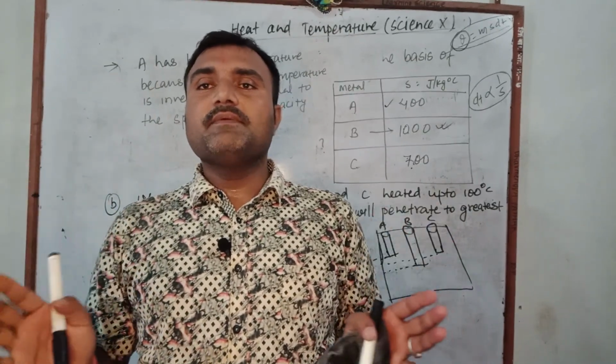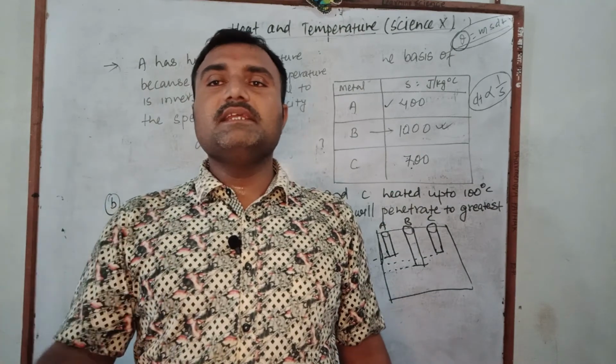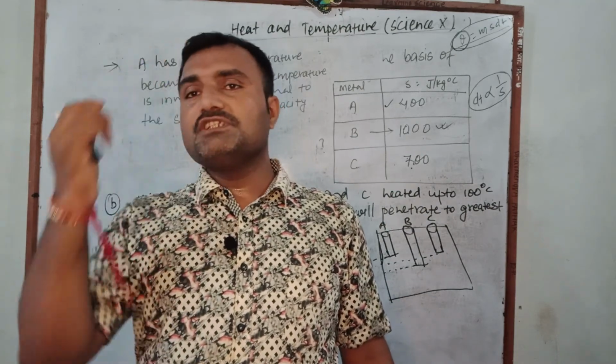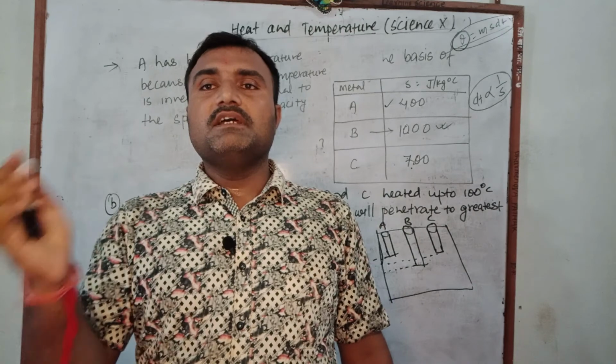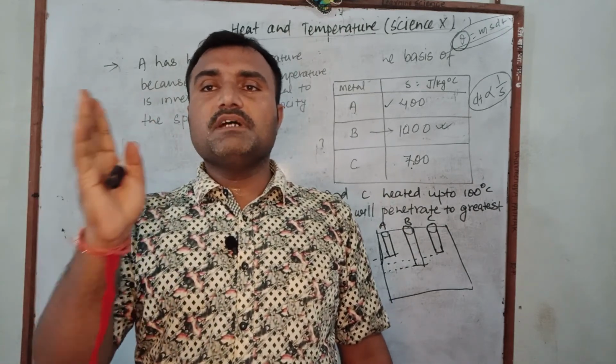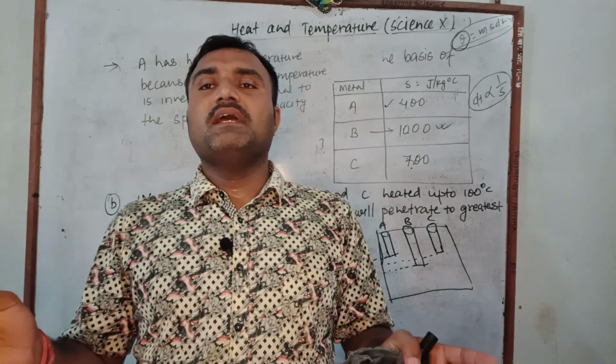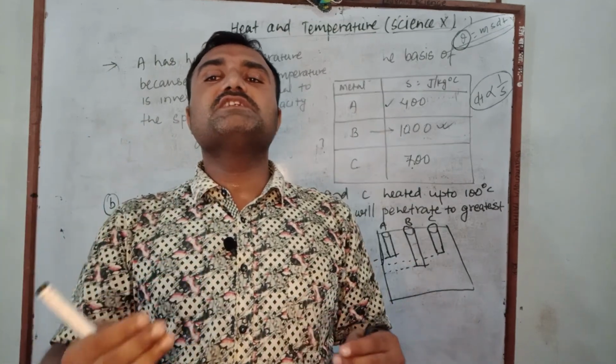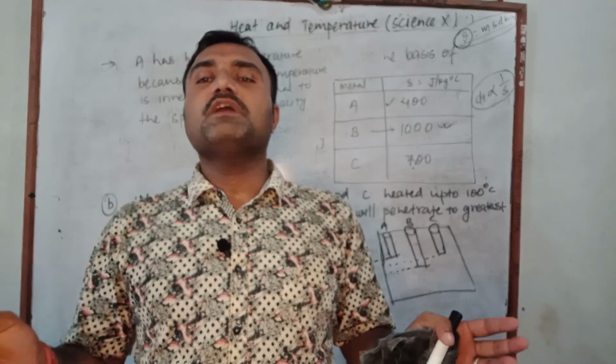And nowadays, a modified clinical thermometer is available, which is known as the digital thermometer, that contains a heat sensitive resistor called platinum, and according to that sensation of heat, it measures the temperature of a body.